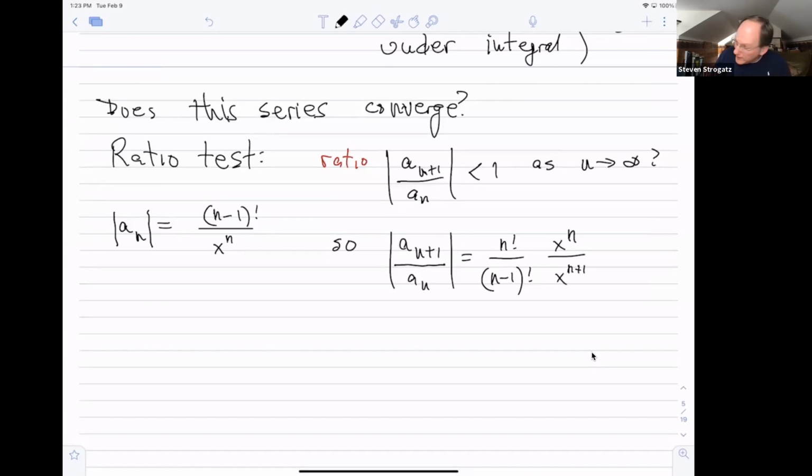And so lots of cancellation, that ends up being just n over x. And so you can see this ratio.